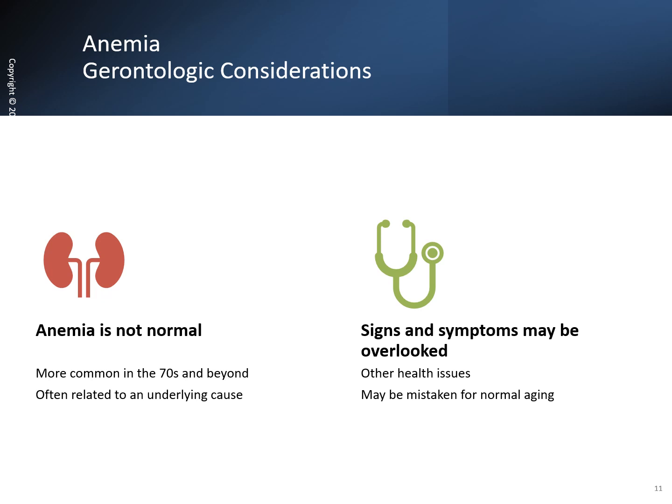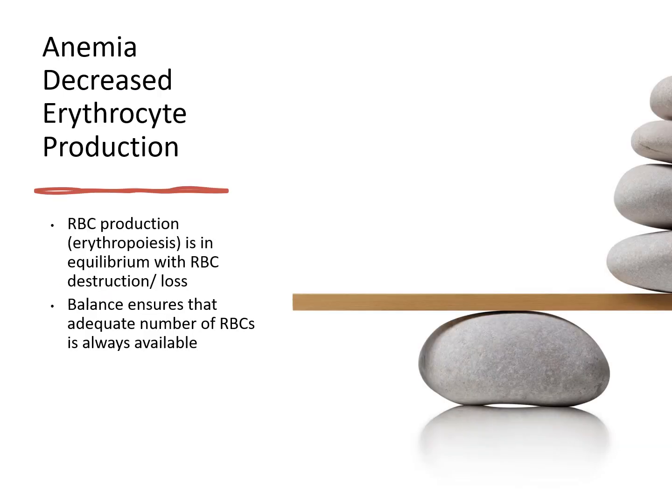Anemia is not normal in aging. It is not a normal process of aging. It's more common in the 70s and beyond, and a lot of that is related to nutrition or underlying causes. So sometimes they overlook in the elderly the anemia because of other health conditions and of normal aging.